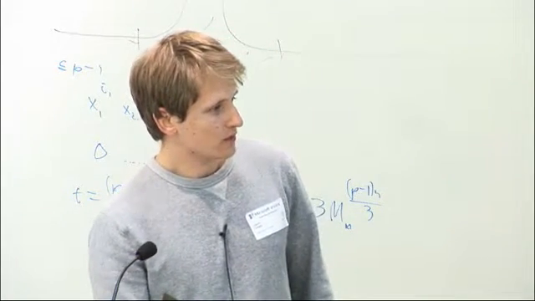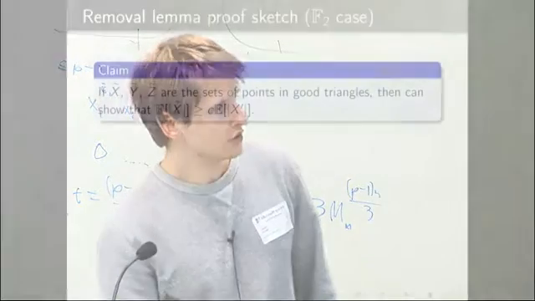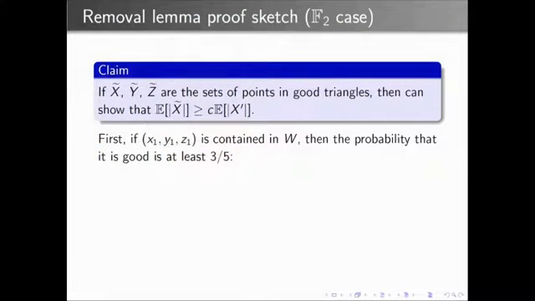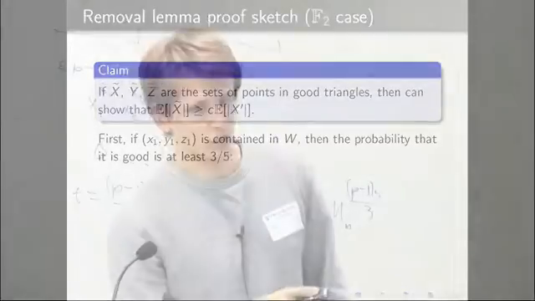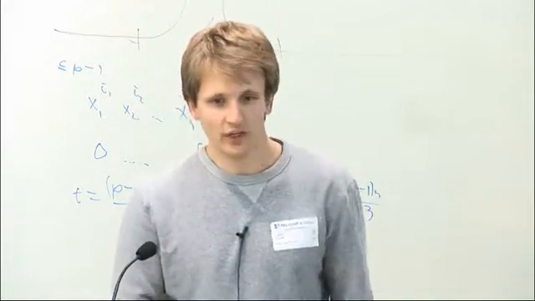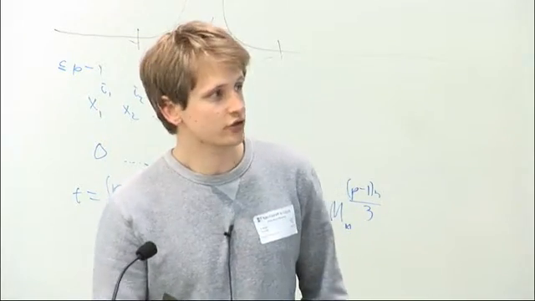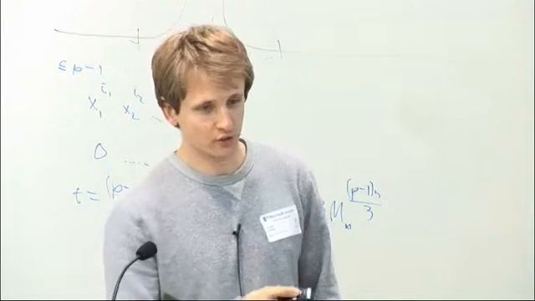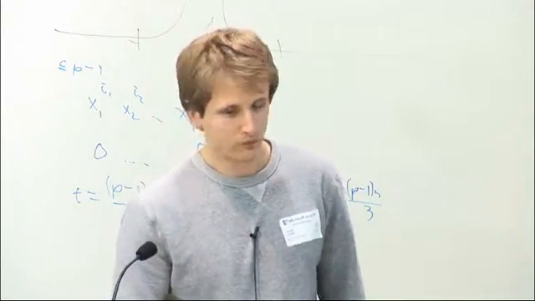So how do we show this? We want to show this claim. So first, I want to argue that if we have a triangle x1, y1, z1, and we know that that is contained in W, then we have a good probability, a probability 3/5, that it is good. So it's the only one that each of them is contained in.